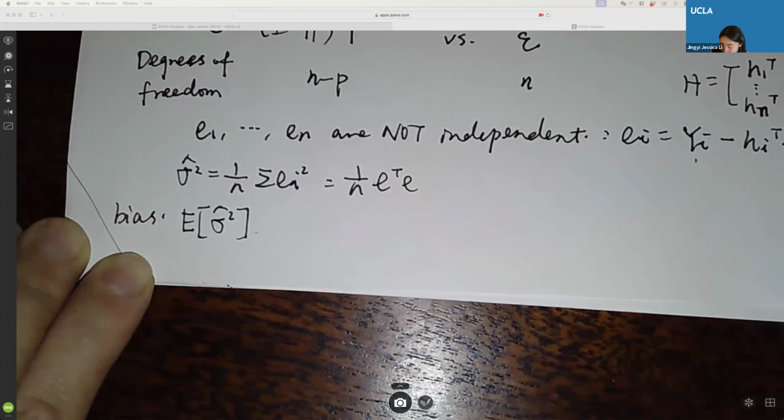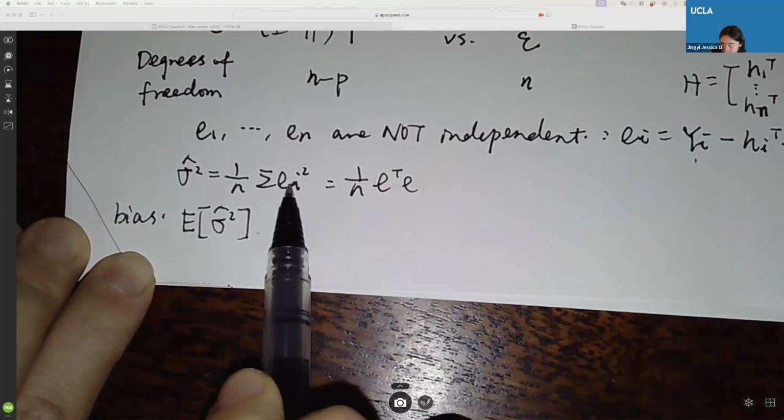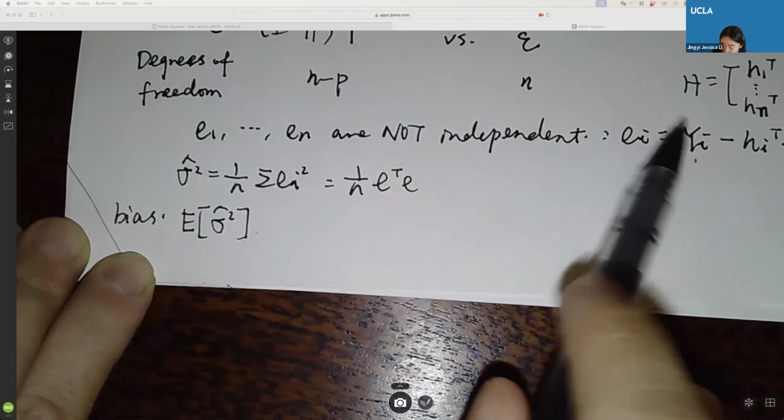Now, how do we take expectation of sigma hat squared? It's not so easy because we have the square of e_i's.